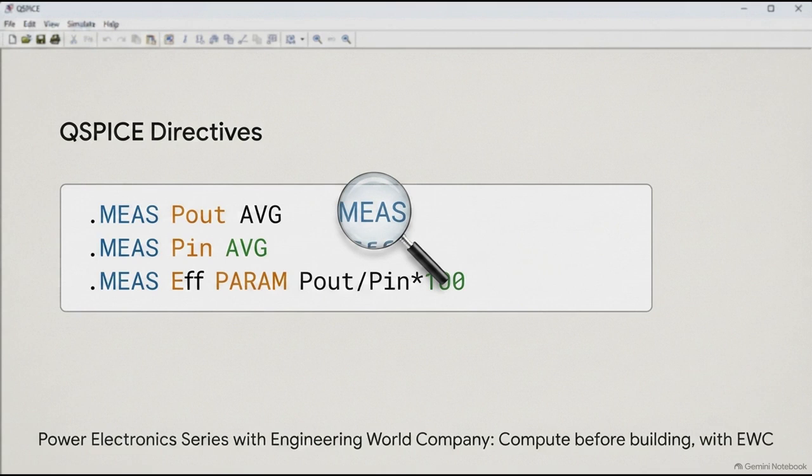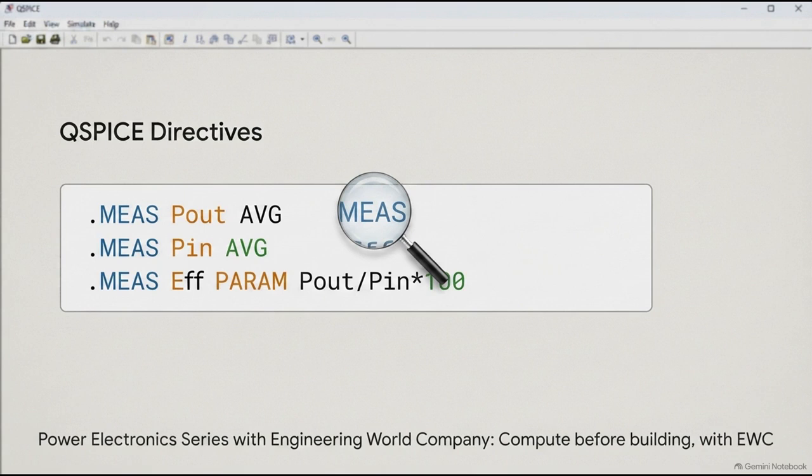Next is .meas Pin AVG, which calculates the average power drawn from our 24-volt supply. And finally, we calculate the efficiency parameter directly using .meas Eff param, Pout divided by Pin times 100.